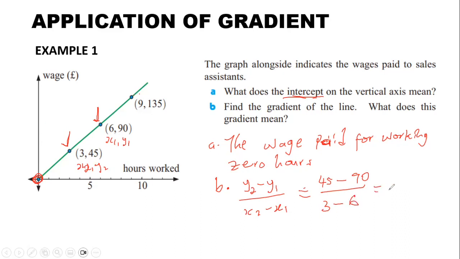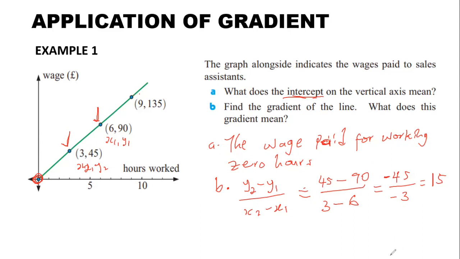So when we simplify this, we get negative 45 all over negative 3. So negative will cancel out, and this becomes 15. What does this gradient mean? Gradient simply means a change in the y value or the output values as a result of a unit change in the x values.